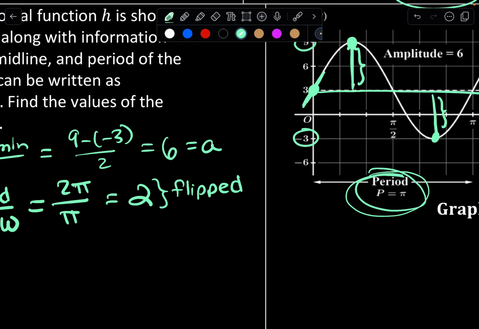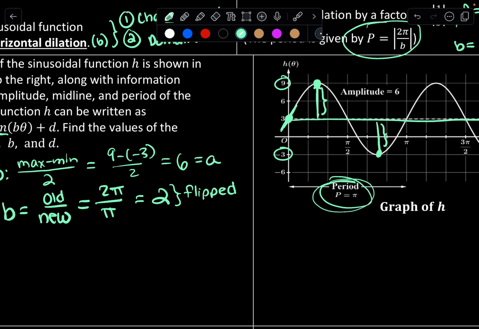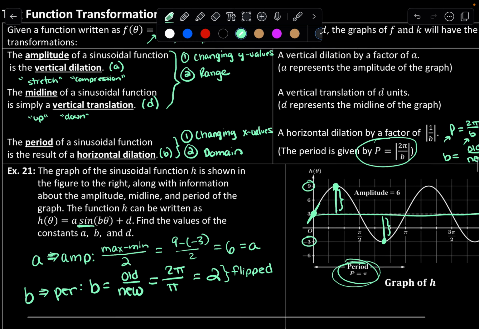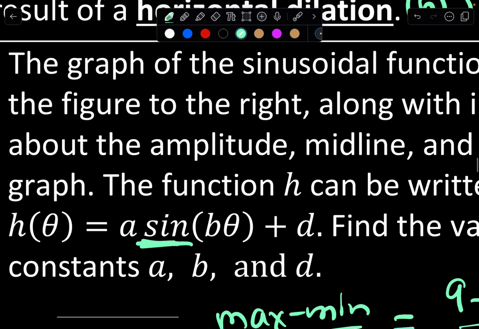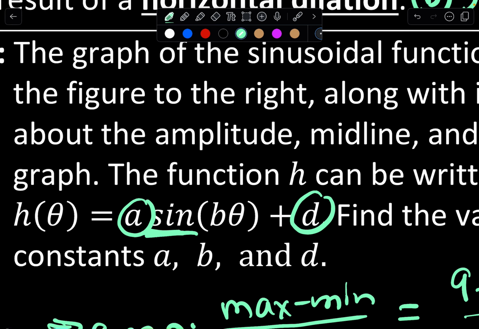So I had questions, why does this happen? Why are we flipping? Why are the x values either flipping or they're opposite? Well, if you think about it, our a and d values are multiplicative and additive on the outside, all right? They are not affected by what sine is doing. They are changing sign. However, when you have items on the inside, like b and c, we are doing two things.